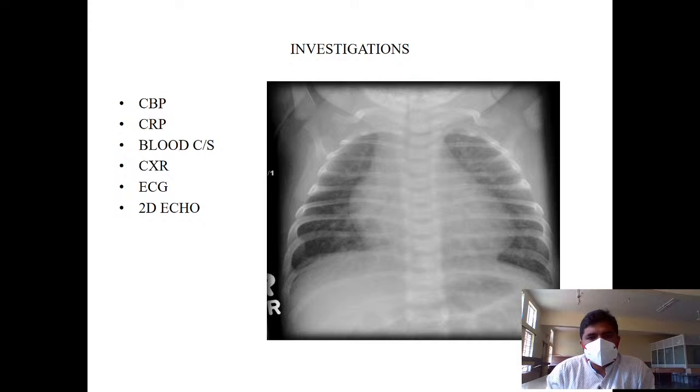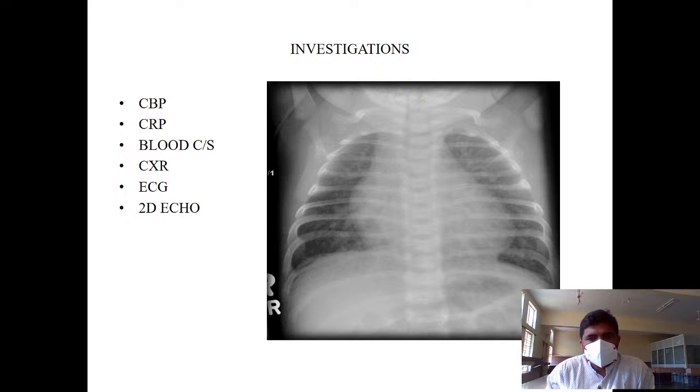Then CRP. The child is having a history of fever looking like pneumonia. So you need to do CRP and blood culture as well. And look at the chest X-ray. What are the findings you can conclude in a chest X-ray? Here the child is having cardiomegaly as well as pulmonary vascular congestion. You see the pulmonary markings throughout the pulmonary fields, beyond two-thirds of the pulmonary area.